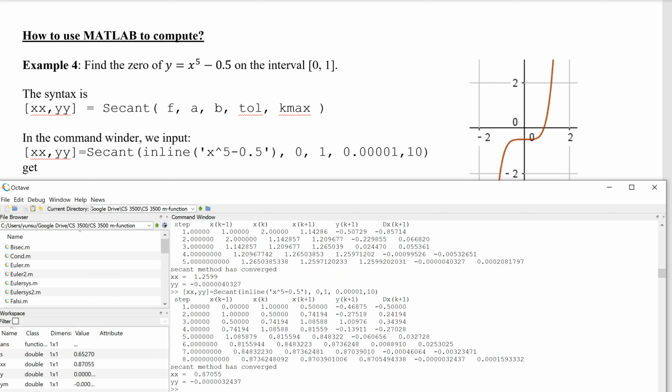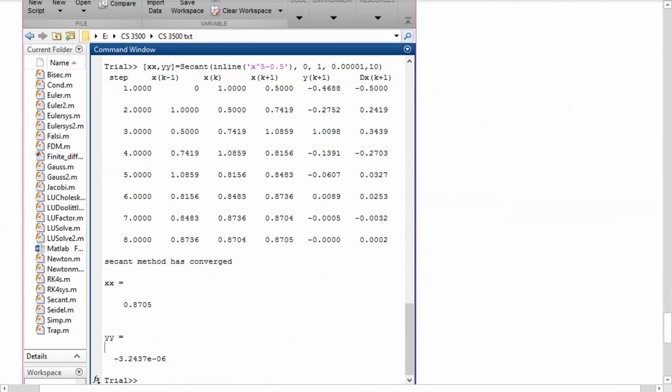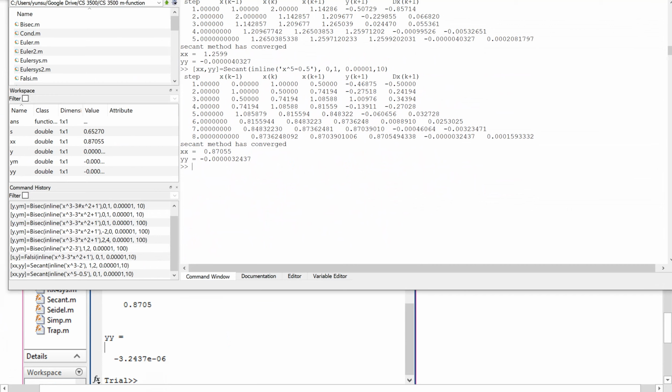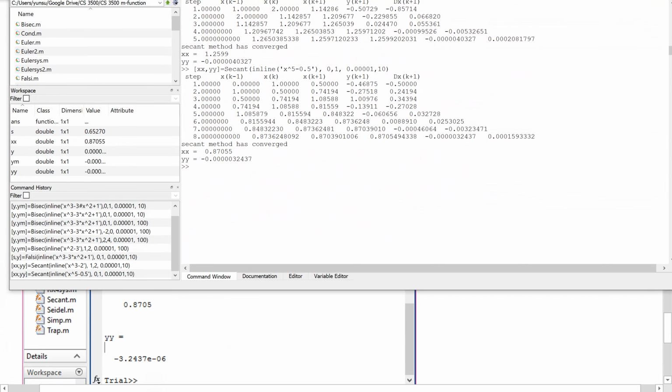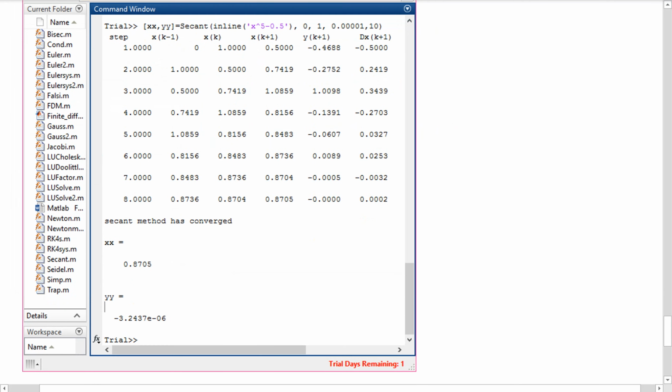All right, now let's see what happened. Okay, see, the secant method converges in 8 steps. Yeah, in 8 steps, with the estimated 0 being 0.87055, and our YY is negative 3.2437 times 10 to the negative 6. E minus 06 means this number times 10 to the negative 6. That's the notation of MATLAB.